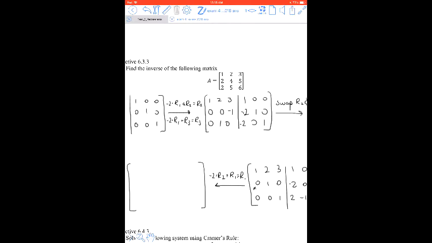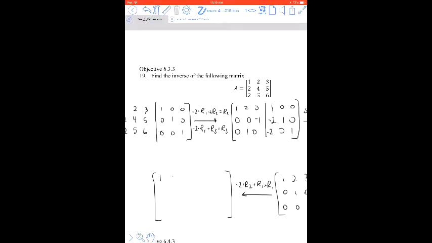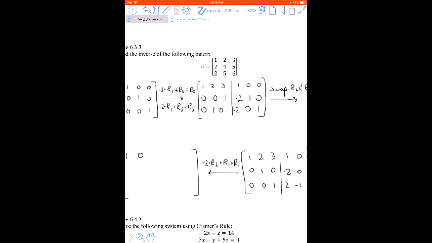So starting right there with that 0, negative 2 times 0 is 0. 0 plus 1 is 1. Now right here, negative 2 times 1 is negative 2. Negative 2 plus 2 is 0. Now right here, negative 2 times 0 is 0. 0 plus 3 is 3.